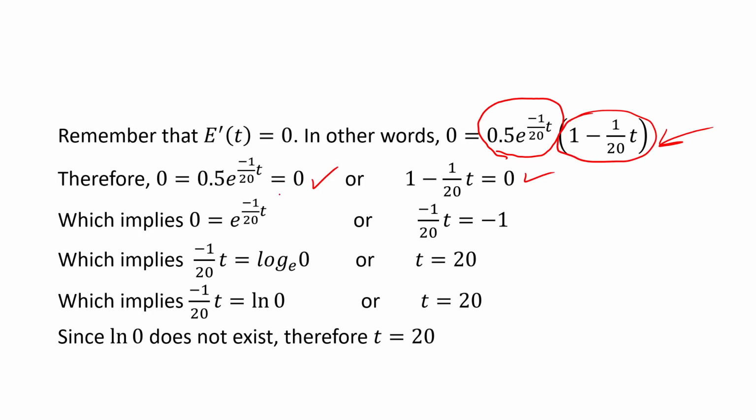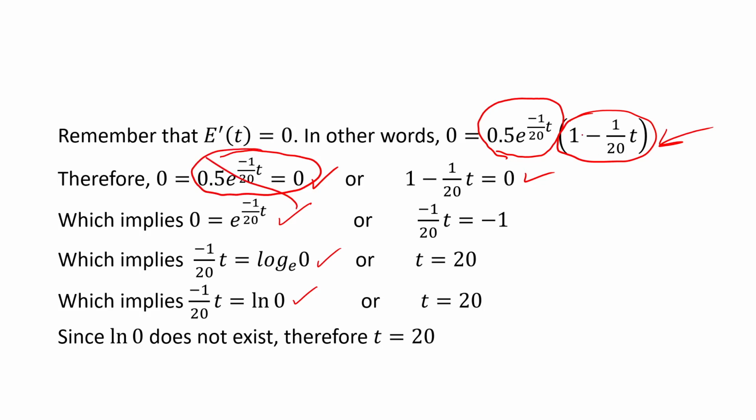If 0.5 e to the negative 1 over 20t is equal to 0, then dividing both sides by 0.5 tells us that 0 is e to the negative 1 over 20t. So that would mean that negative 1 over 20t, the exponent, must be equal to the log base e of 0, or in other words, the ln of 0. But the ln of 0 doesn't exist. So this factor equaling 0 is an impossibility, and it leads us nowhere.